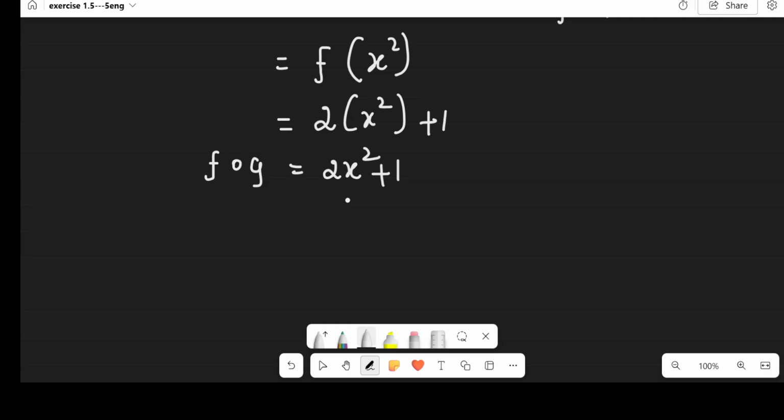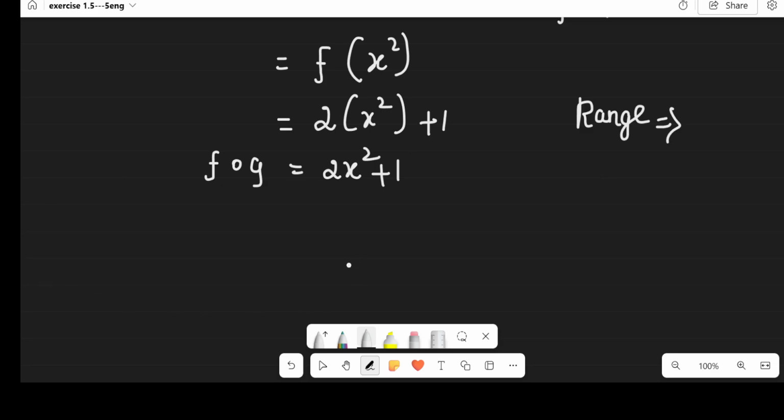Actually, what had been asked in the question? We need to find out the range, right? In one of our previous videos, that is the set builder method, we can represent the function in different forms, like set builder method and roster method, right? In those methods we'll be writing the range.